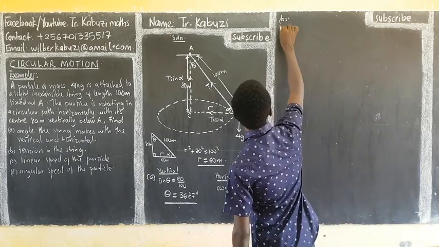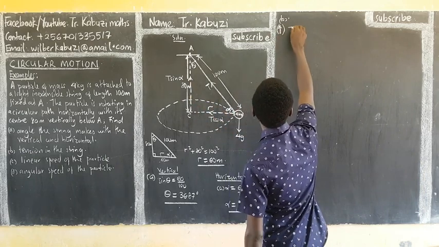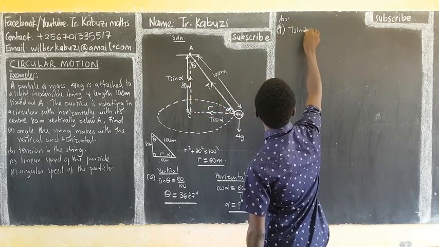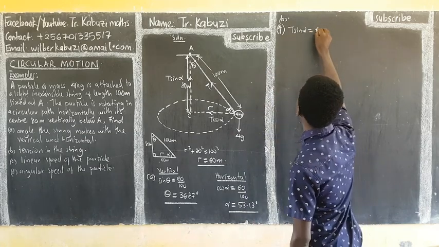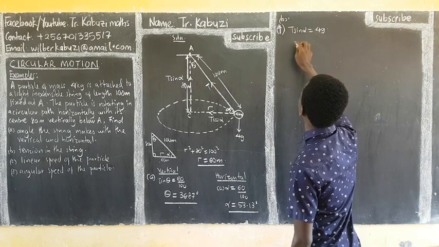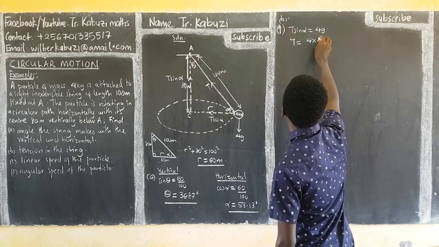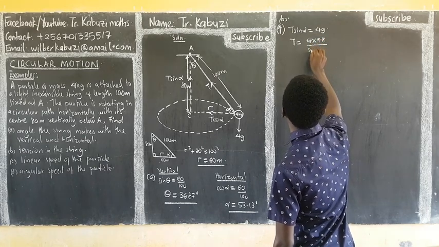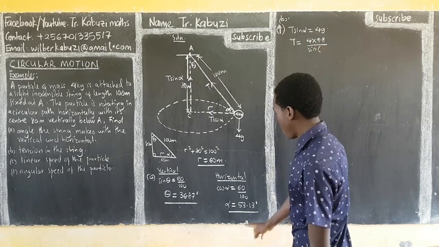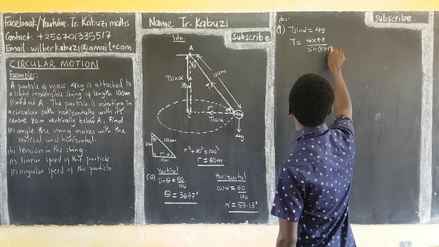So if you resolve now vertically, you see vertically we have T sine alpha is going to be equal to the downward force, which is mg. So now T is going to be 4 times 9.8 over sine alpha, but my alpha is 53.13.